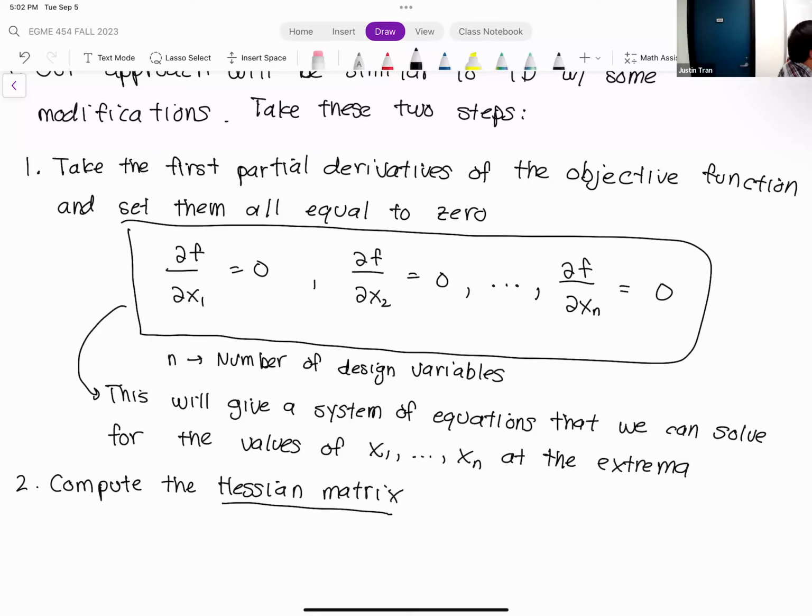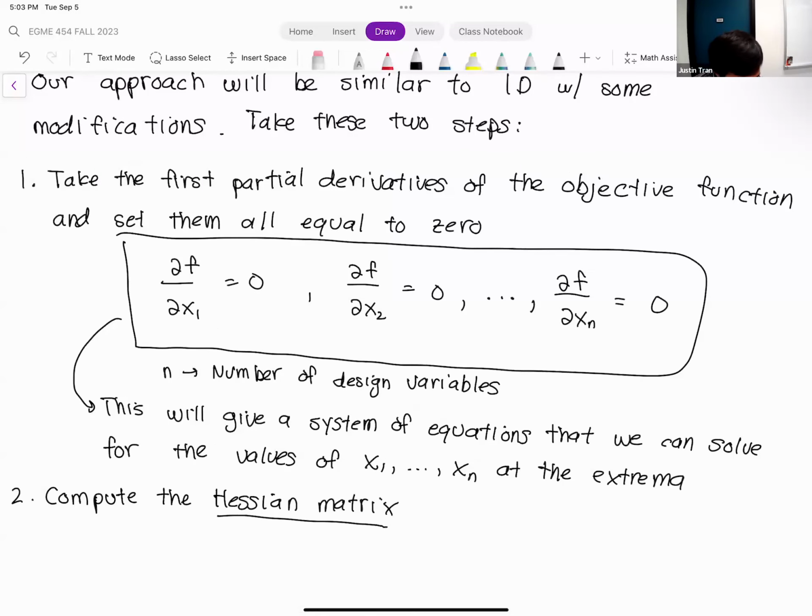I know people call it the Hessian. I pronounce it like an American, so I'm reading this purely as it is. So I call it the Hessian, but you'll probably hear people call it the Hessian sometimes as well. Okay. And so if you've never seen this before, the Hessian matrix is a matrix of second order partial derivatives.